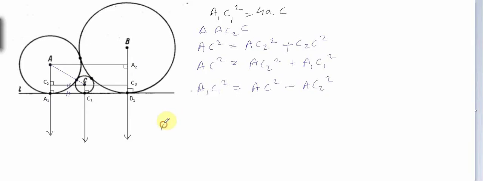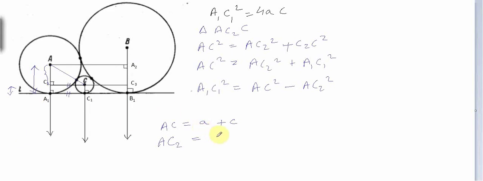Now AC is equal to the radius of circle with center A plus the radius of the circle with center C, and AC2, this length is equal to this length, which is A, minus this length, which is C, radius of the smaller circle.